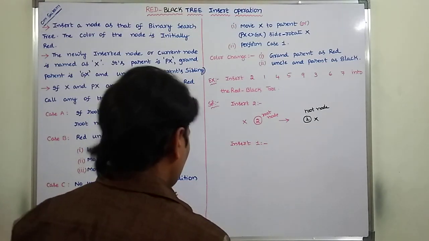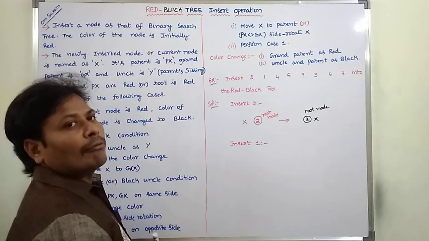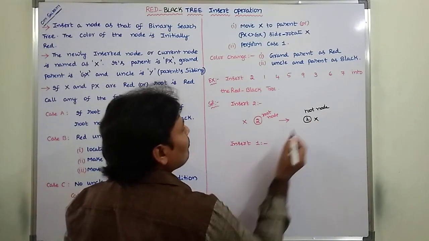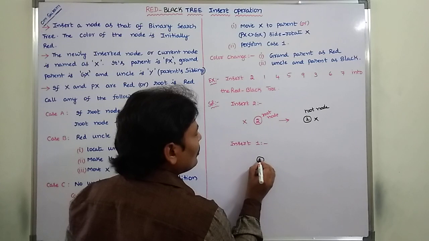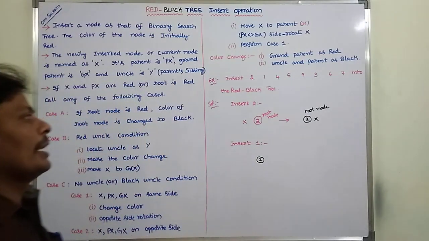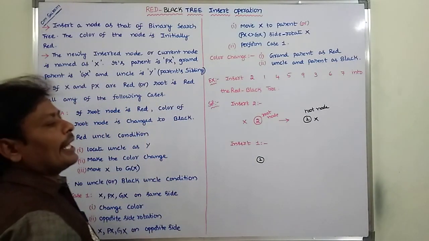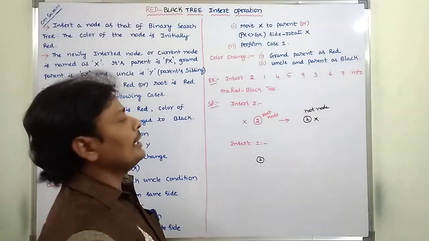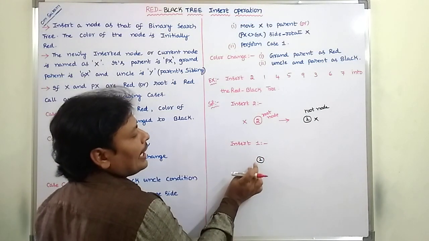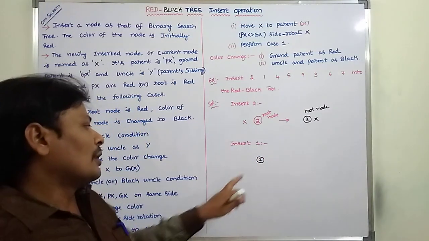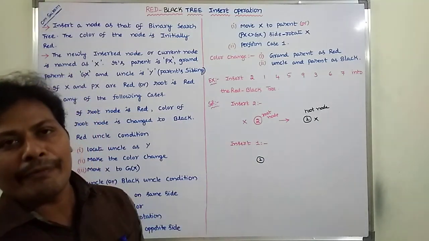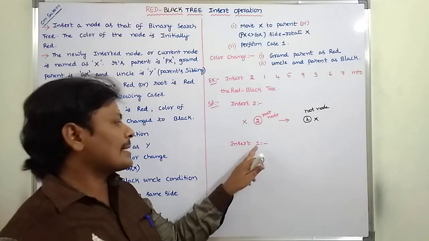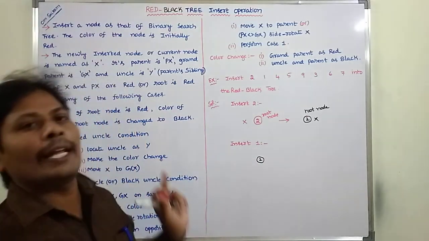Insert 1. Before inserting 1, the red black tree contains node 2 only. Now we are inserting element 1. Element 1 is compared with the root node. It is less than the root node. If it is less than the root node, it goes to the left subtree.